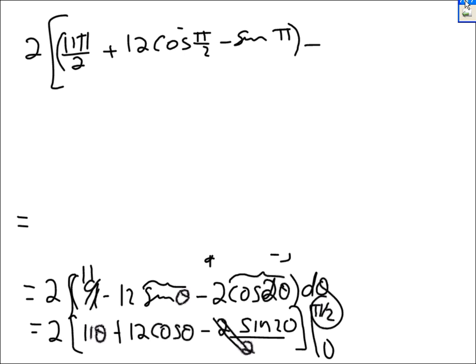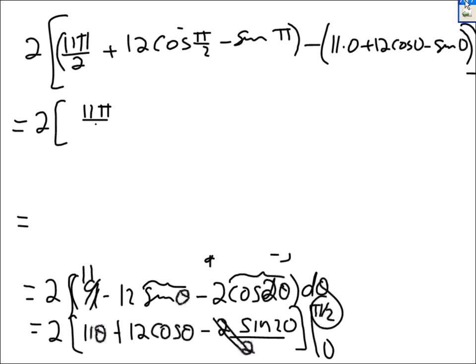Minus, and now we plug in 0. We get 11 times 0 plus 12 cosine of 0 minus the sine of twice 0, which is 0. Two, 11 pi over 2.